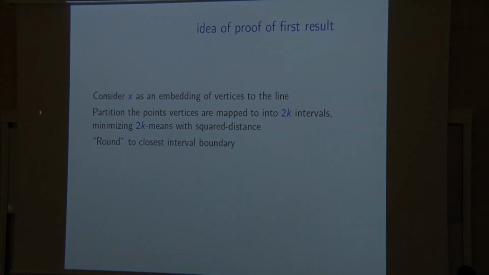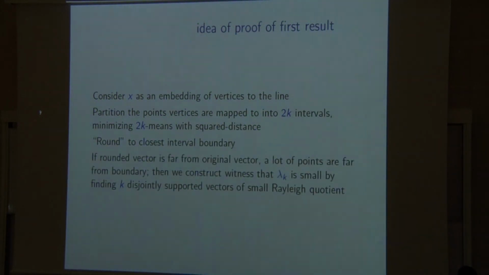Now, if we cannot find a good clustering, then we find the witness that lambda k has to be small. So this part is a bit more technical, but the point is that we can find in this embedding k regions where, even in the best clustering, the points will be kind of spread in each region, not close to the center.